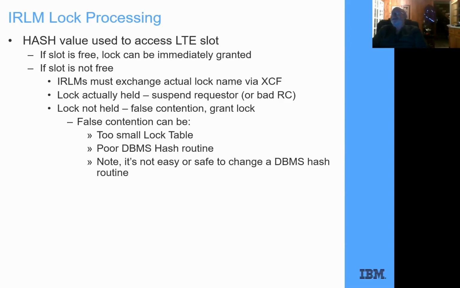If that didn't happen, you could potentially be granting requests that should not be granted, because in fact the lock is held. So if you change the lock hash routine, it requires all systems to restart, and it's very important that everybody is using the same algorithm. For that reason, those hash routines don't change very often.